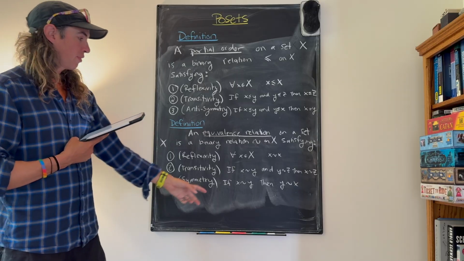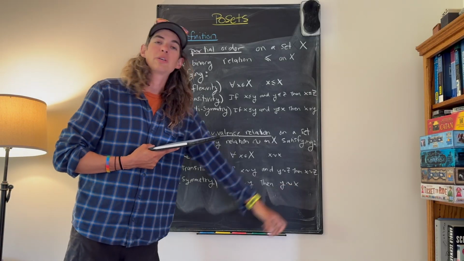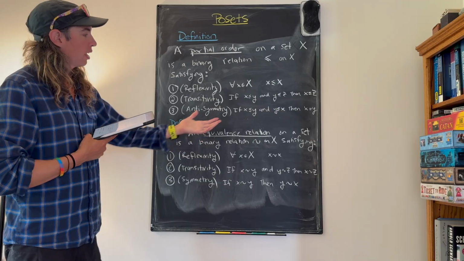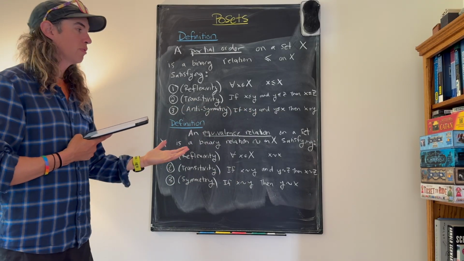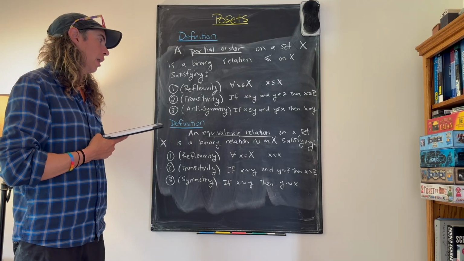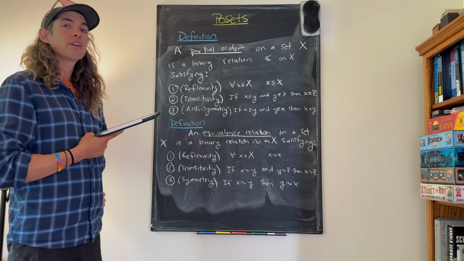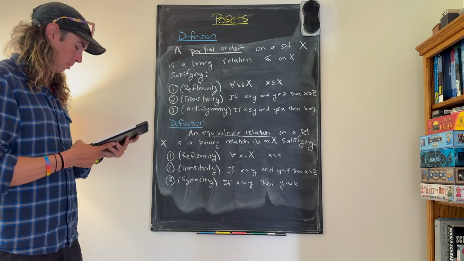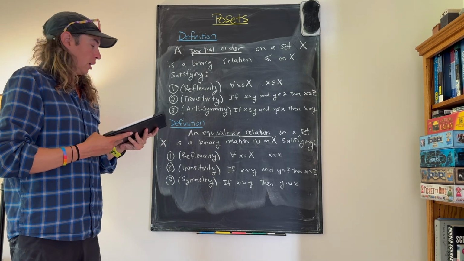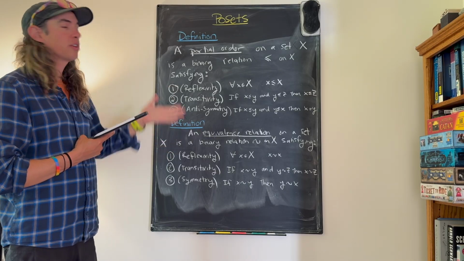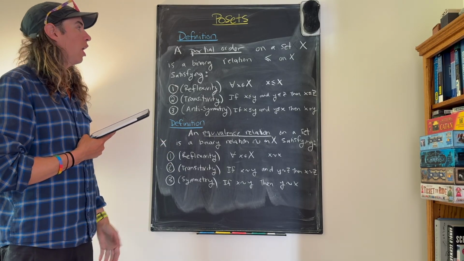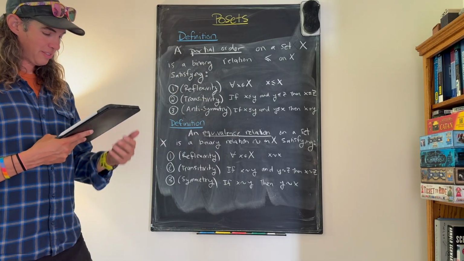Symmetry says that if x is equivalent to y, then y must be equivalent to x. These two properties, I mean, it's in the name, right, are in stark contrast to each other. They create very, very different structures. On the next board, we'll see why the examples that we saw on the previous board were examples of each of these respectively.